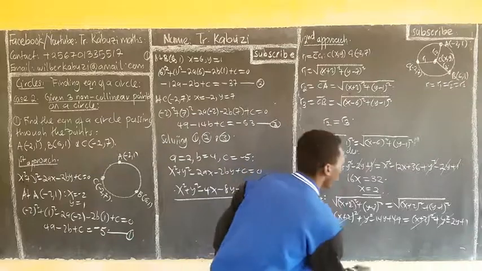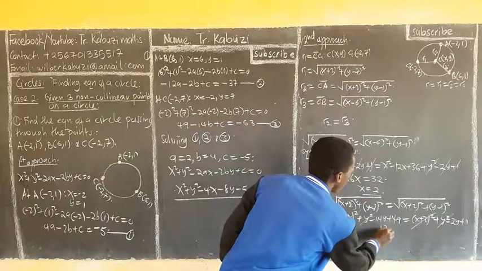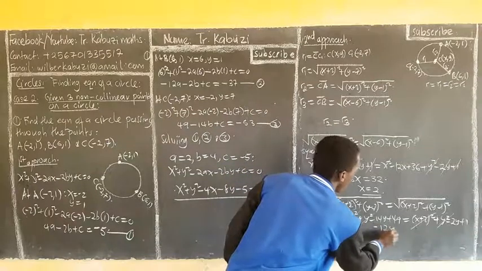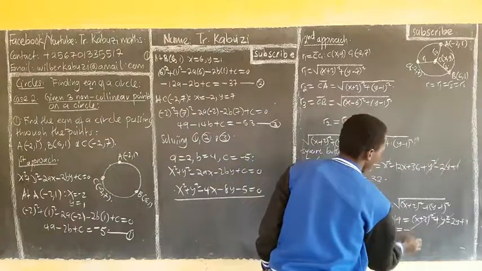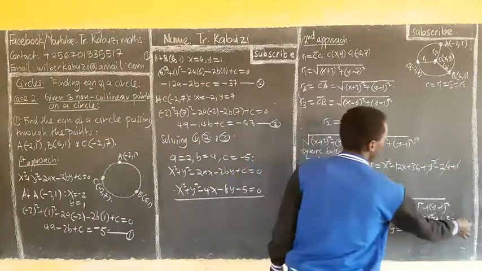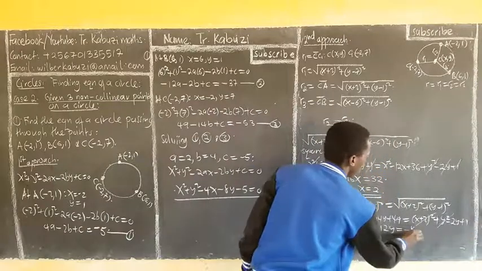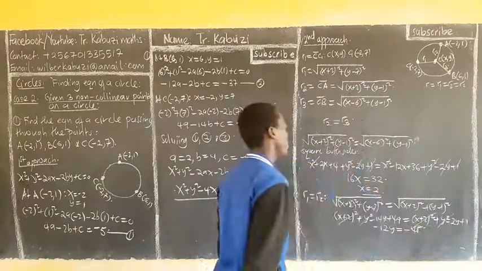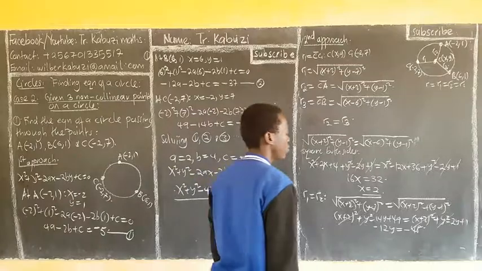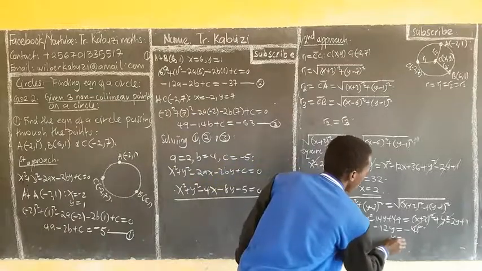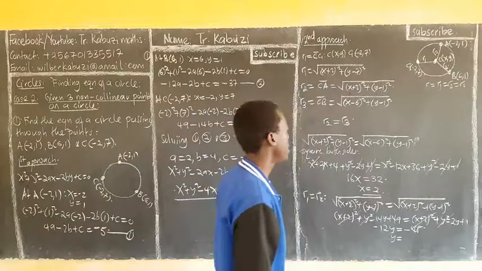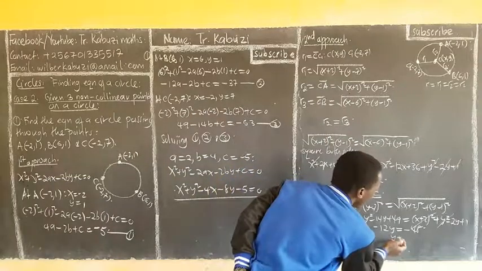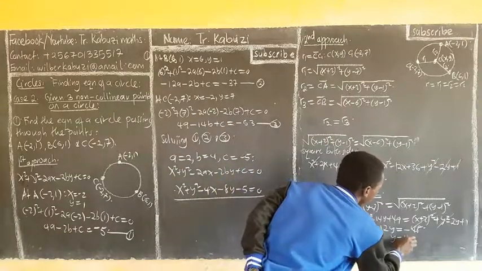So negative 12y equals... When I take this to the other side, it becomes negative 1 minus 49, which is negative 48. You divide through by 12, so my y from here is going to be 4.